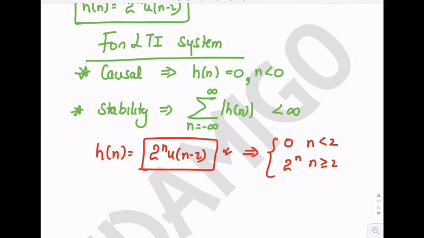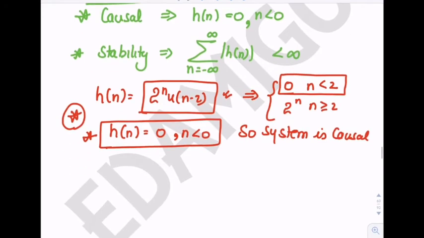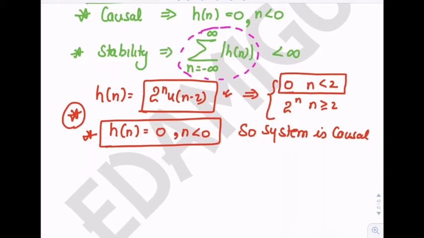So we can say that h[n] is equal to 0 for n less than 0 also. So h[n] is equal to 0 for n less than 0, and it satisfies the condition of causality, so the system is causal. Now let's check the stability.